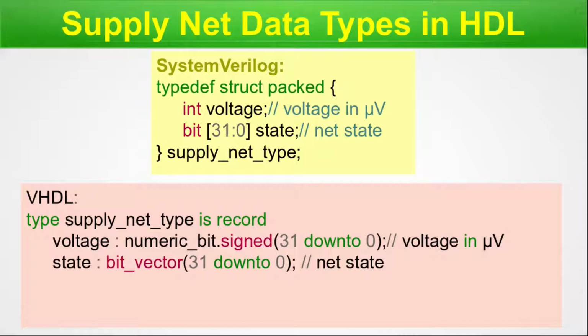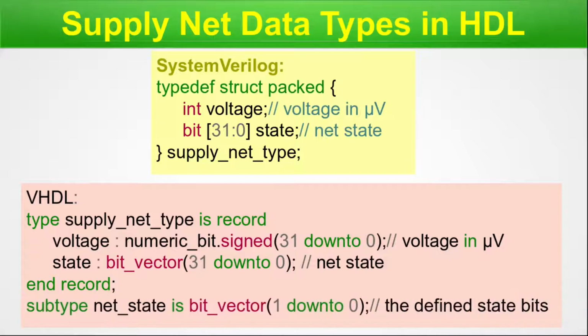There is a bit vector, and the bus size is there next to it, that is 31 down to 0, and it gives the net state, and we end it with end record. Then subtype net_state is bit_vector 1 down to 0, the defined state bits. So these are the supply net data types in HDL. These are used coherently with the UPF.